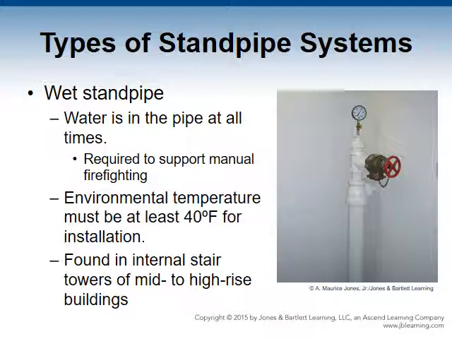Once a hose valve opens, the water supply is immediately available, making this system the preferred type. Wet standpipe systems can only be installed when the temperature remains above 40 degrees at all times, such as internal stair towers in mid and high-rise buildings.